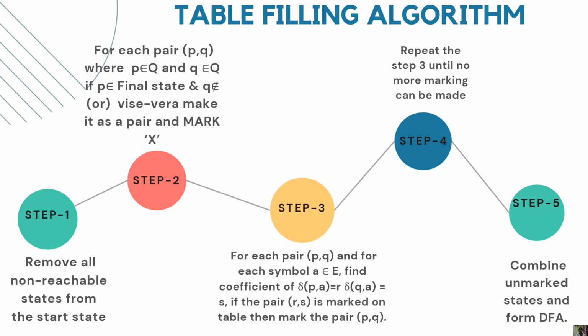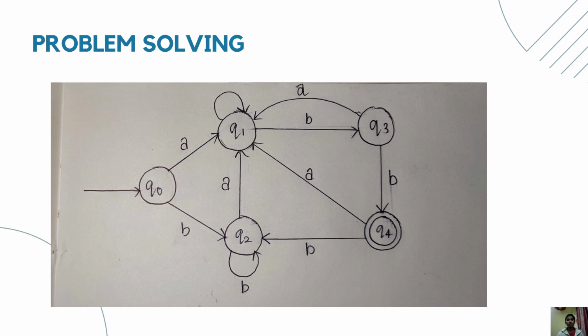That is, for each pair PQ and for each symbol A belonging to sigma, find the transitions: transition PA is equal to R and transition QA is equal to S. If the pair RS is marked on the table, then mark the pair PQ. Next, we need to repeat step 3 until we get the whole table marked. The table we'll see in the further stages. And next, we need to draw the minimized DFA. What is the final DFA we'll get? So we'll be solving this problem.